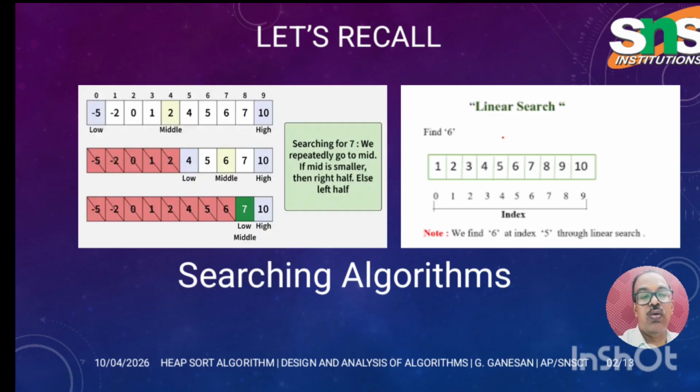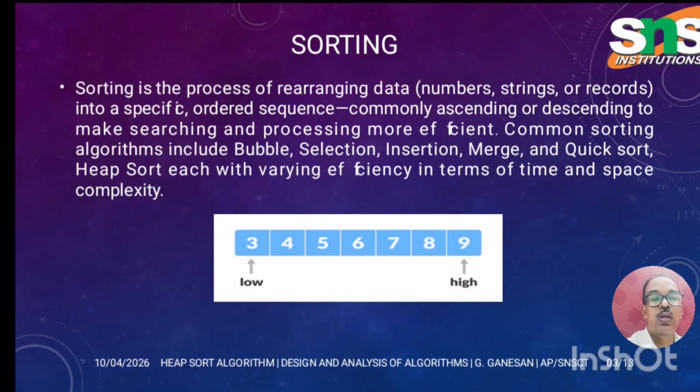In this session, we are going to study sorting algorithms. We already know that sorting is the process of arranging numbers or letters or any characters or any records into a specific format in a sequence.